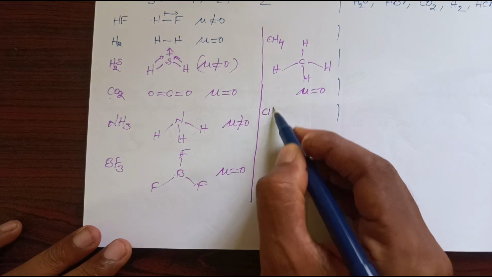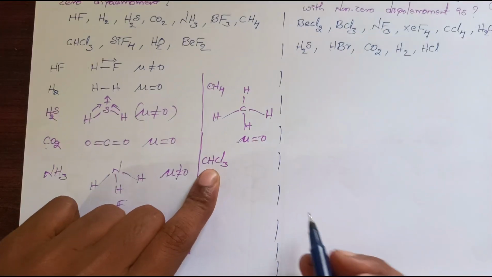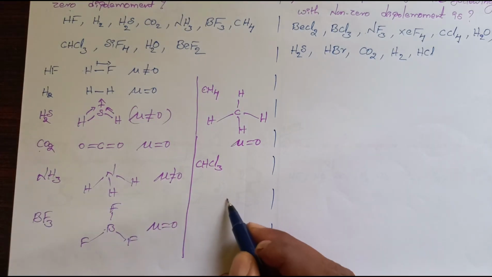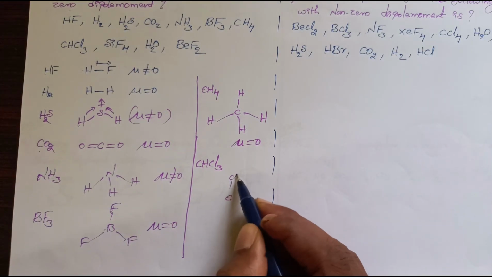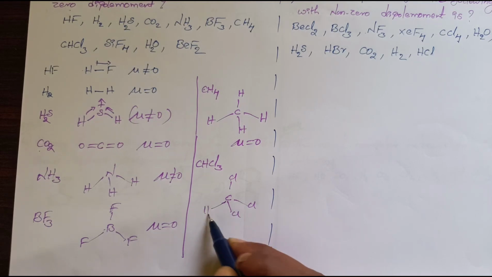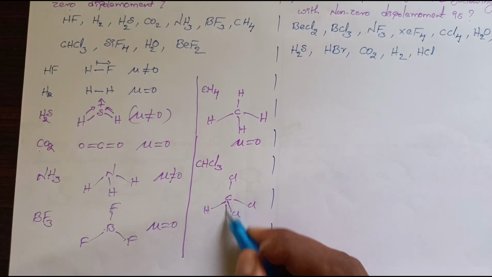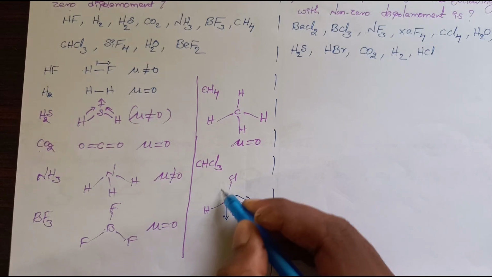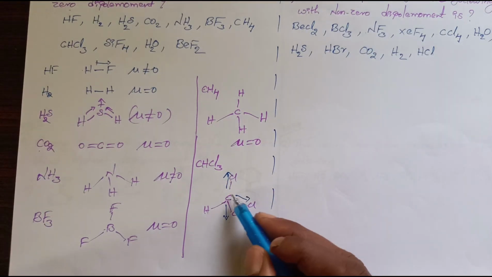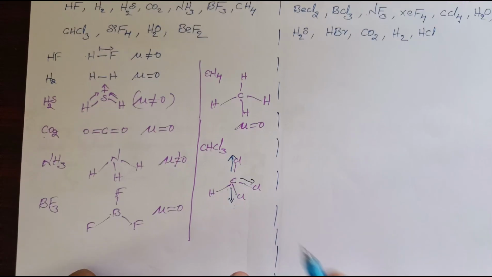Next, CHCl3. CHCl3 name is chloroform. Here the carbon, chlorine, here the hydrogen. Here these two bonds, this is this direction, this is this direction. So there is no cancellation, overall cancellation is not existing in this molecule.